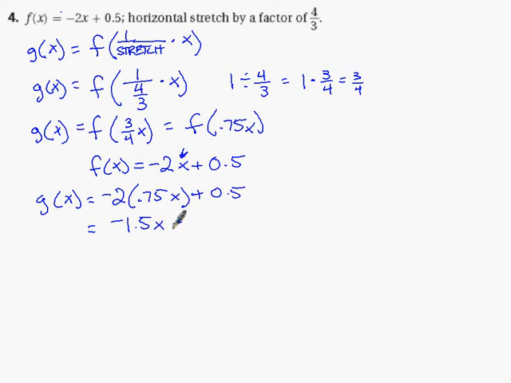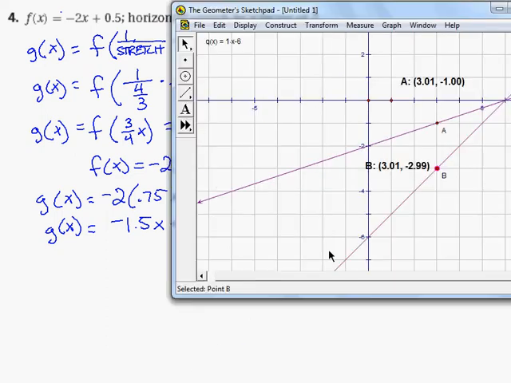And then we continue on with plus 0.5. Alright, so that is our new rule. This has the effect of a horizontal stretch by a factor of 4/3, or 1 1/3. So for every coordinate, let's go ahead and graph that so you can see.